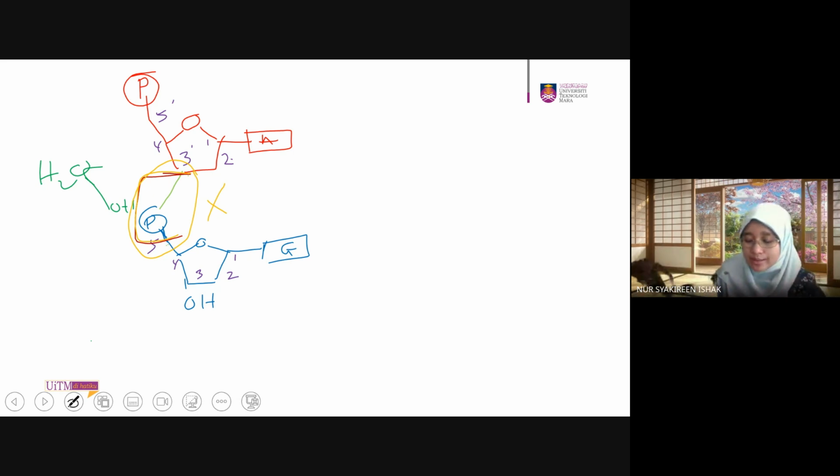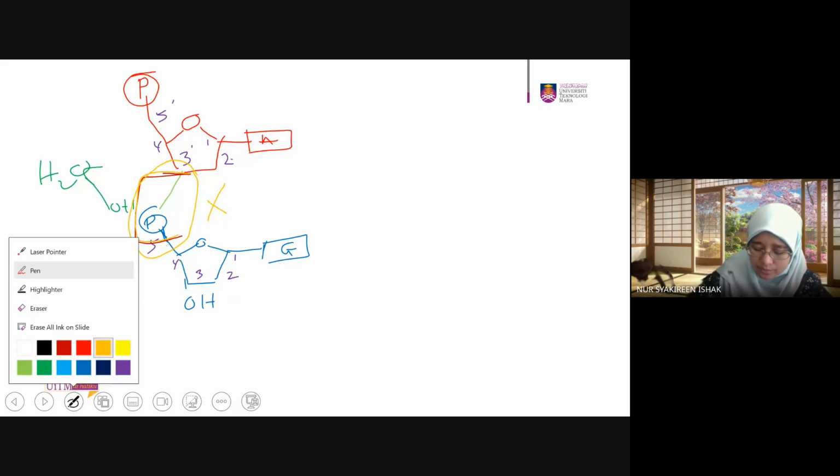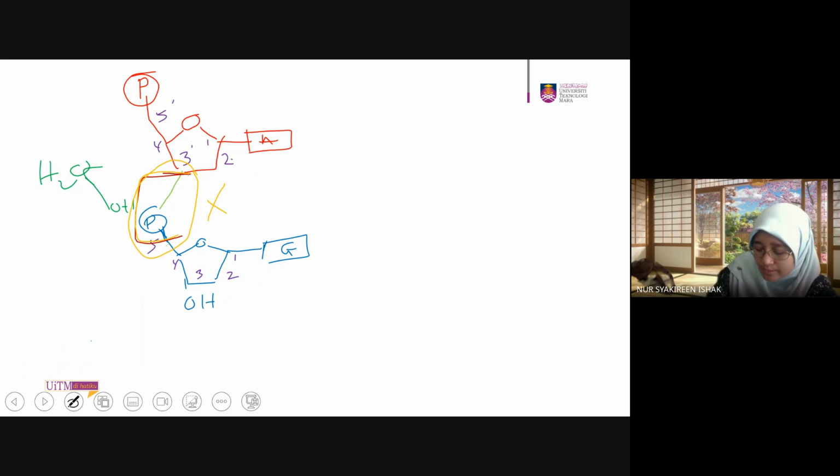So this is how you attach two nucleotides in a polynucleotide chain, either for DNA or RNA. This is for one strand, right? If I were, for example, to add the next nucleotide, I draw it in green. This is the next nucleotide. It has a sugar, and then the next base is thymine.